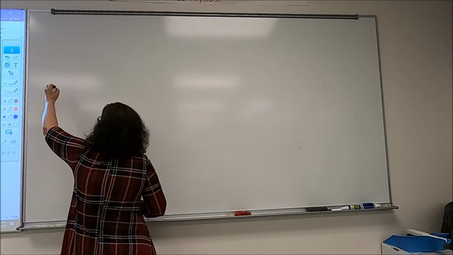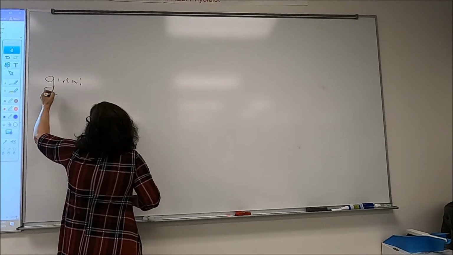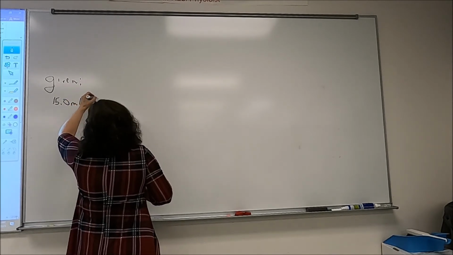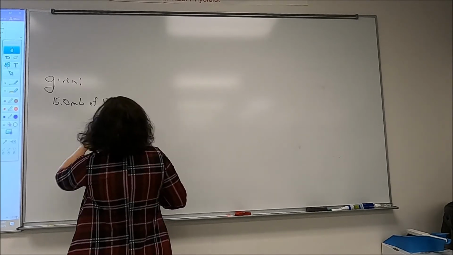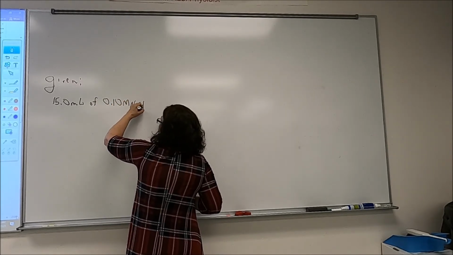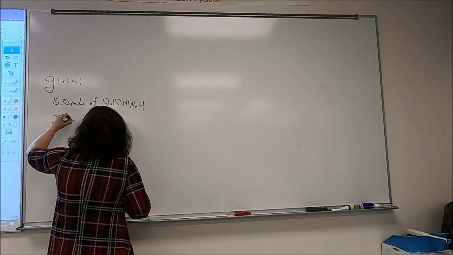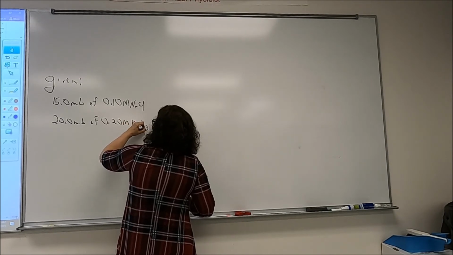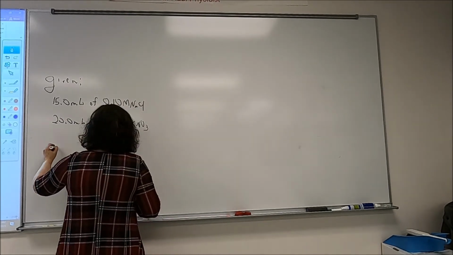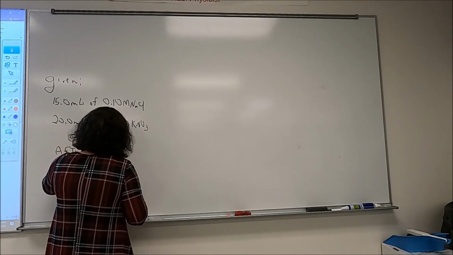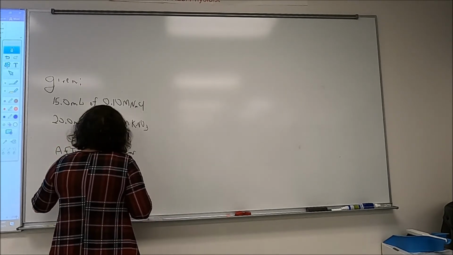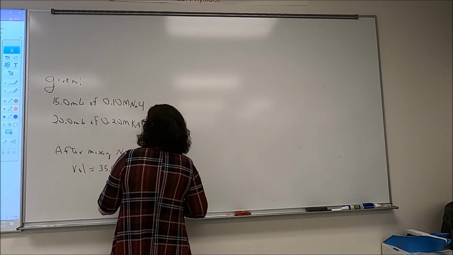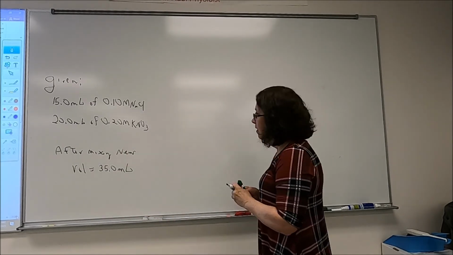We are given that we have 15 milliliters of a 0.10 molar sodium chloride solution, and we have 20 milliliters of a 0.20 molar potassium nitrate solution. After mixing, the new volume would be 35 milliliters. 15 plus 20, 35.